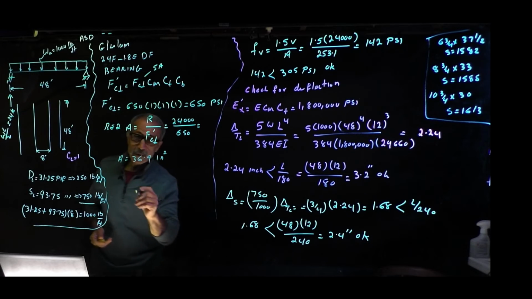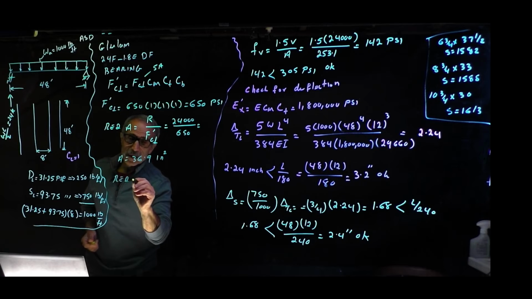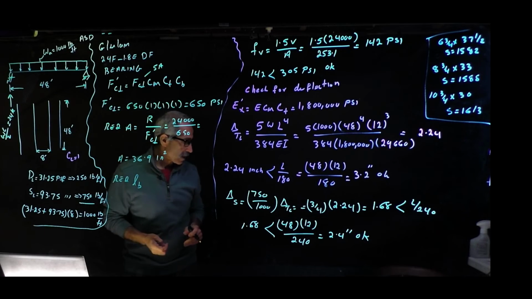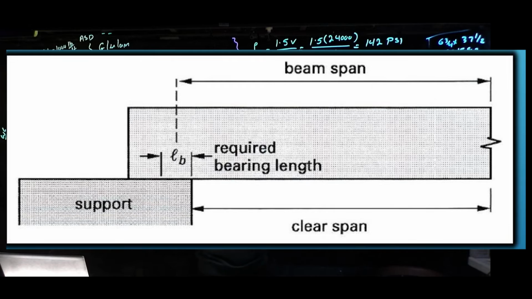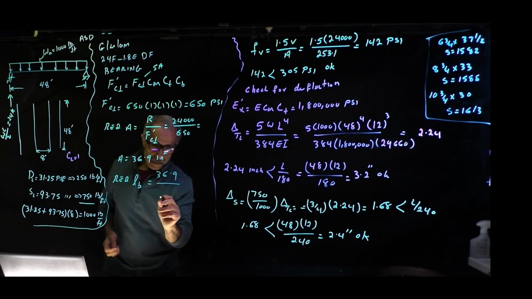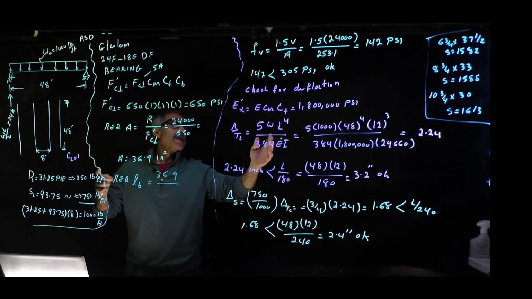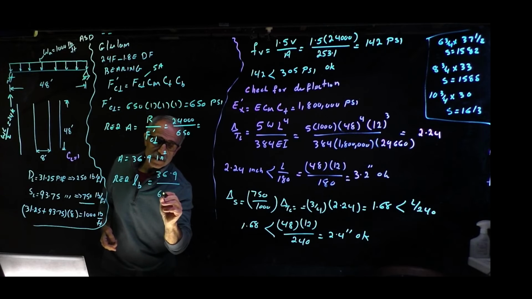Now we want to say what is the required bearing length, LB. Hold on, I don't have it here, I had it here. Okay, you know what I'm talking about. The required LB is equal to 36.9 divided by the width of our beam, which is 6 3/4, 6.75.